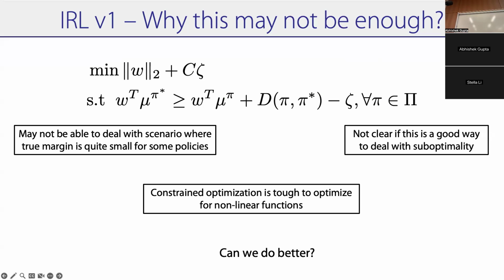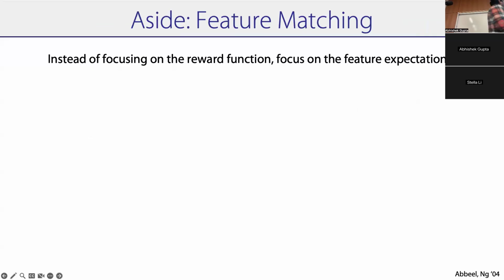And so the next idea is trying to propose a method using maximum entropy, which is easier to solve with gradient-based optimization and not convex solvers. Okay, so one aside we're going to do is this thing called feature matching, and then we'll get to maximum entropy.